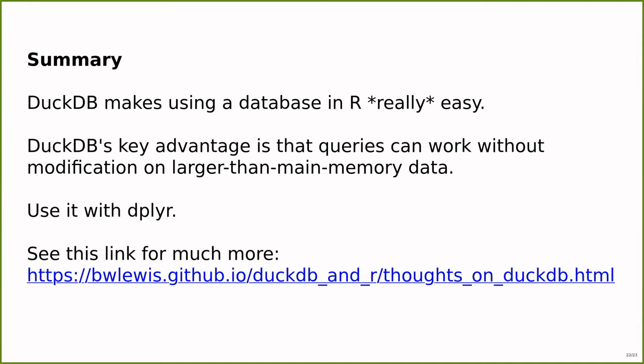Hannes and Mark have succeeded brilliantly in reducing the friction to using a database from R. The key advantage of using such a database is when you have problems that aren't going to fit in your RAM, and then you can throw the database at it without having to rethink your problem, because the database knows how to do that for you. And probably you don't want to use SQL. You probably want to stick with using dplyr, because then you could use it with R or with the database or wherever.